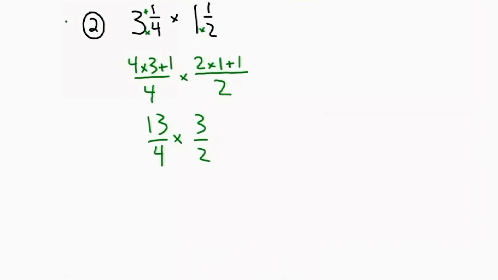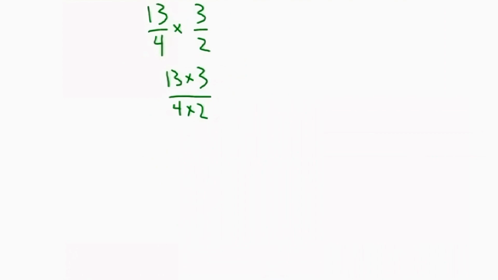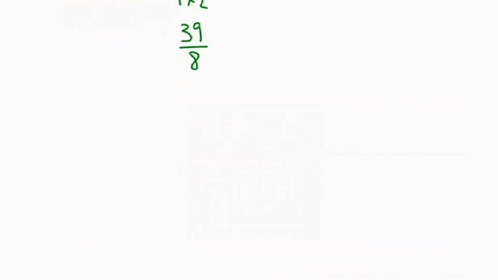There's nothing really we can reduce here top to bottom in either fraction, so we just multiply straight across and we get 13 times 3 over 4 times 2, which gives us 3 times 13 is 39 eighths. And we can convert 39 eighths into a mixed fraction by asking how many times 8 goes into 39.